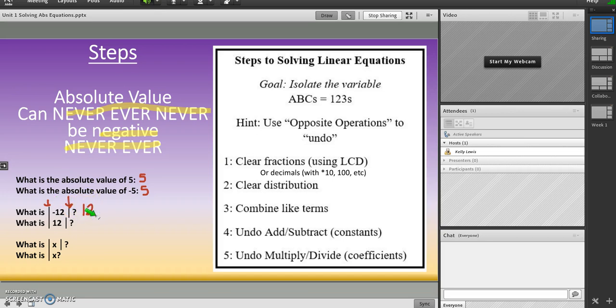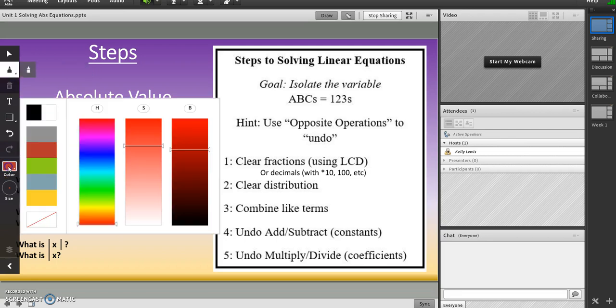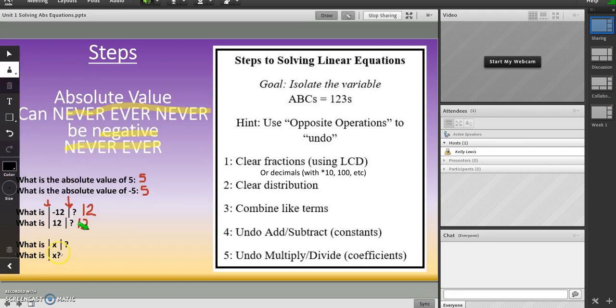So the absolute value of negative 12 is 12. The absolute value of 12 itself is 12. What if we were trying to find the absolute value of some number x, and we didn't know that number? There should be another line.